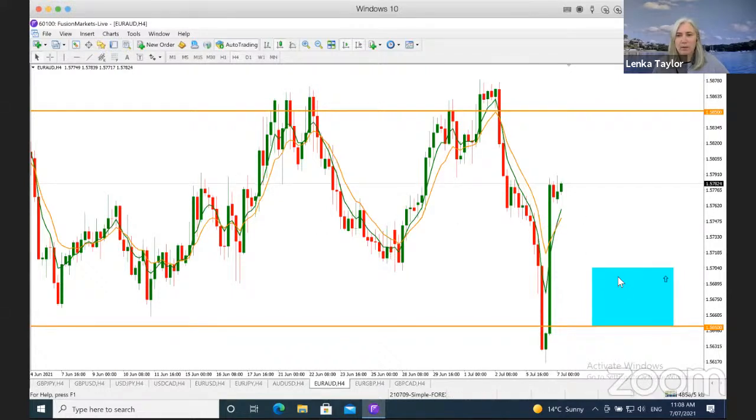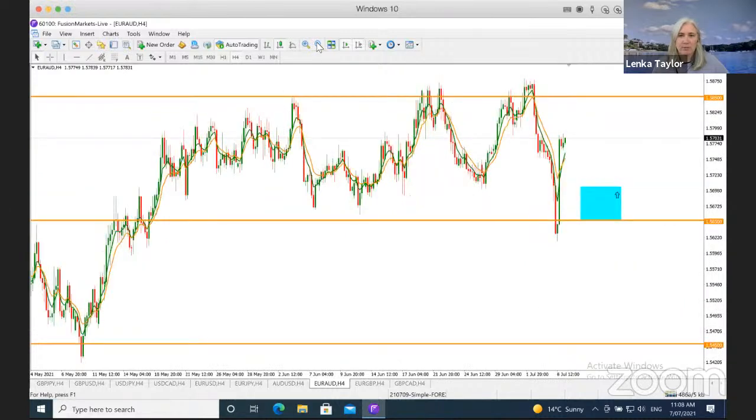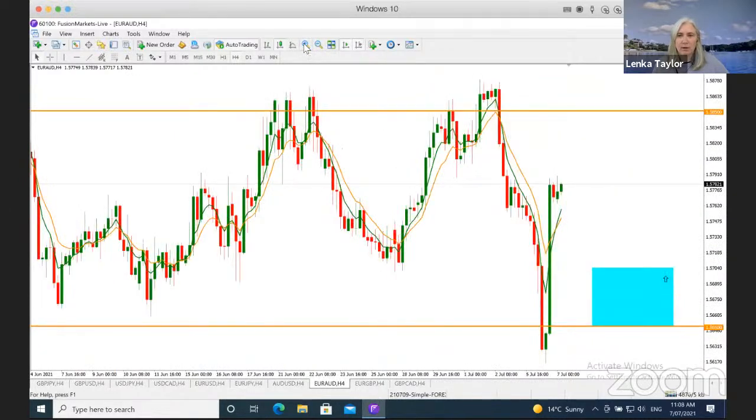At the moment, I'm really looking for either going off the bottom of the 1.565, if there is a proper reversal there. Otherwise, possibly just waiting until it breaks out of that range. I am long overall on this pair.